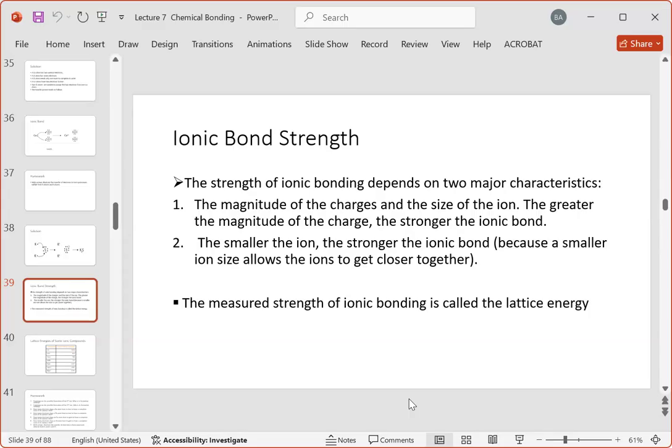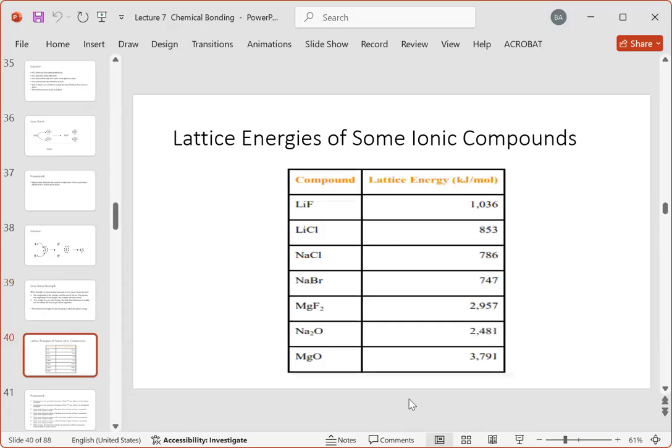And that is what we call lattice energy. The measured strength of ionic bonding is called the lattice energy. For example, lithium fluoride has 1,036 kilojoules per mole. That is its lattice energy.